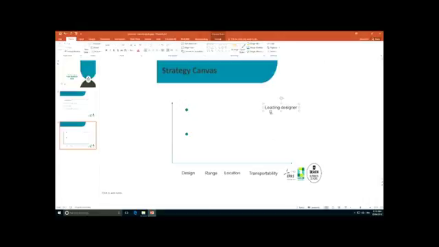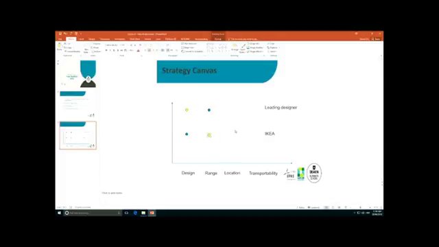This is IKEA. Okay, range, high, yep. Whereas the leading designer would be low. So I should change the colour of these. That would have made life much easier, wouldn't it? All right, the leading designer would be low.